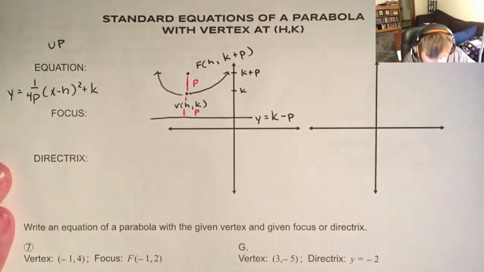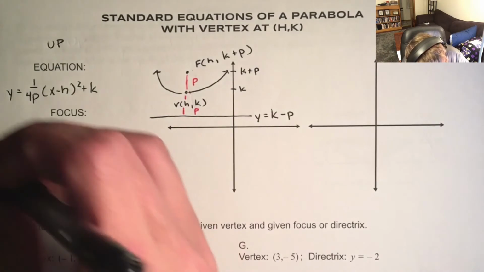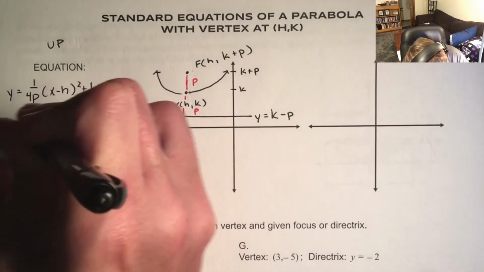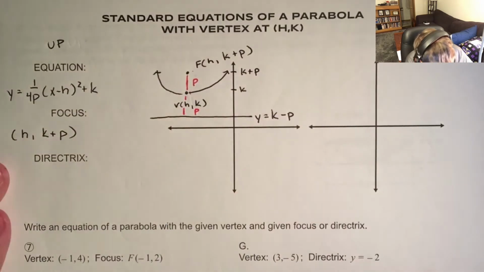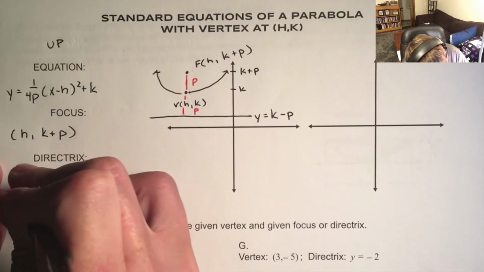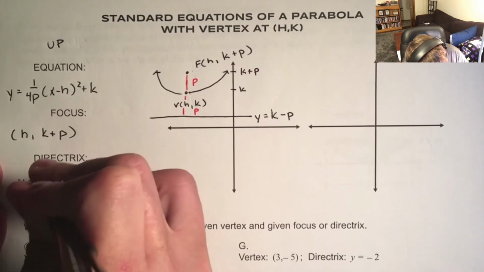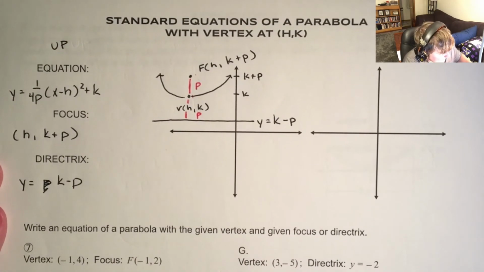This is in that vertex form that we've dealt with in the past. The focus, again, is going to be (h, k plus p), and then the directrix will be y is equal to k minus p.